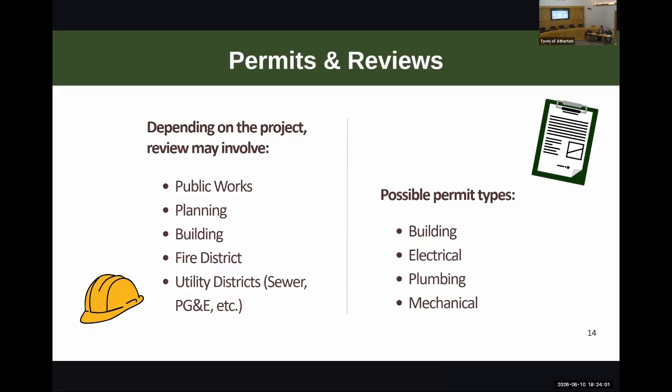Fire district, maybe. On that note, if your existing home has fire sprinklers, that would be the instance in which your ADU would also be required to have fire sprinklers. If it doesn't have fire sprinklers, then state law allows you not to have sprinklers in the ADU. So that's cut and dry there. And utility districts, and that's sewer, PG&E, et cetera.